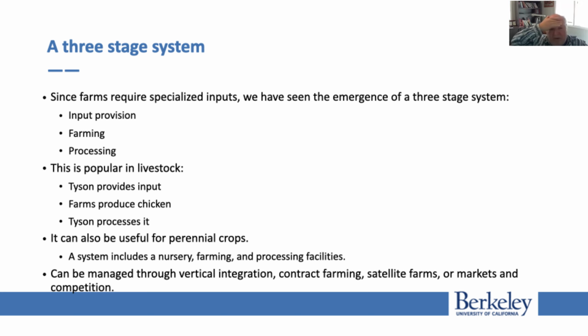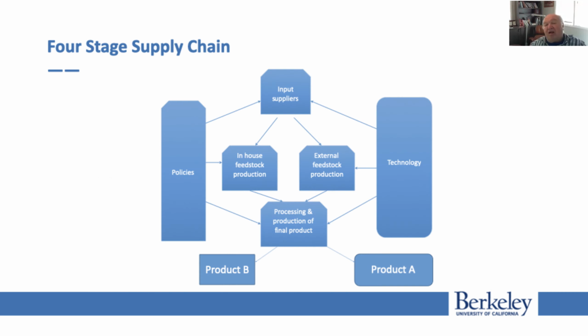This is what people call a four-stage supply chain: you have basic input, processed feedstock, final product, and then you can have several byproducts or several marketing chains. Apple is one example. They buy the parts from many producers. They design the technology.